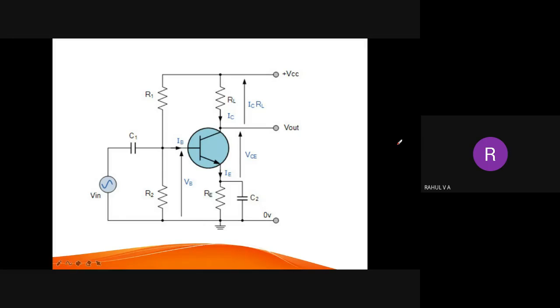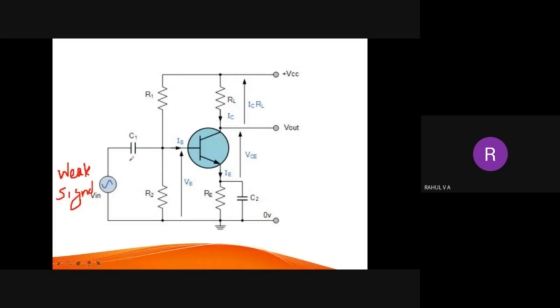Okay, this is a diagram of a common emitter amplifier. In this diagram, you can see that there is an input source. This is the signal which we want to amplify, the weak signal. I can write here, this is the weak signal. We want to amplify this weak signal, and there is a capacitor connected in series with this weak signal, called the C1 capacitor.